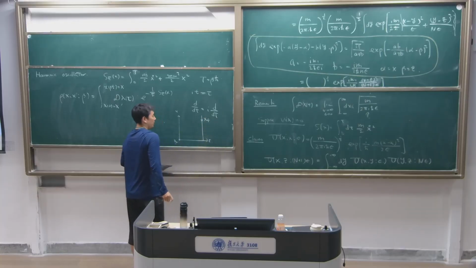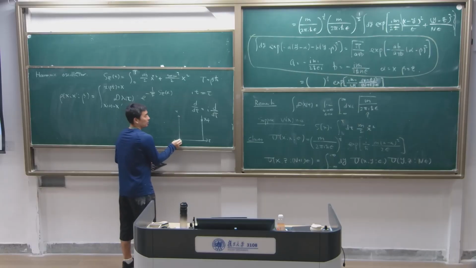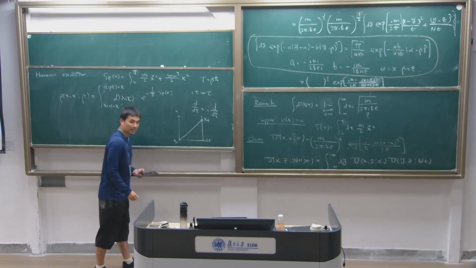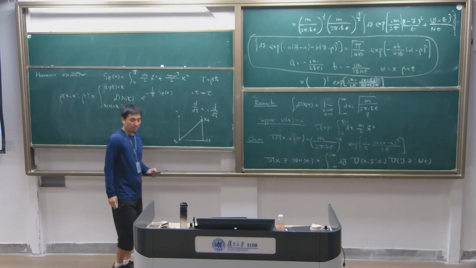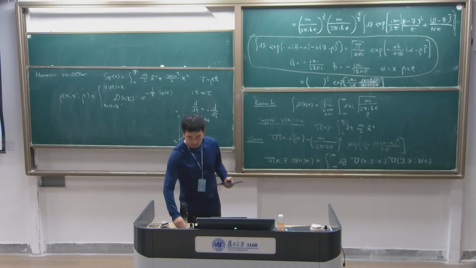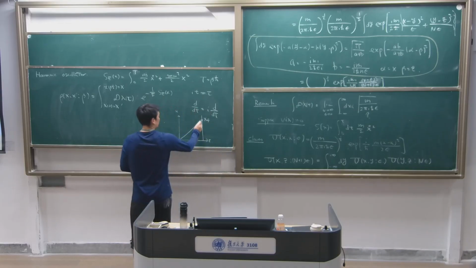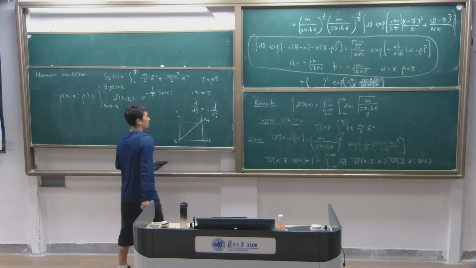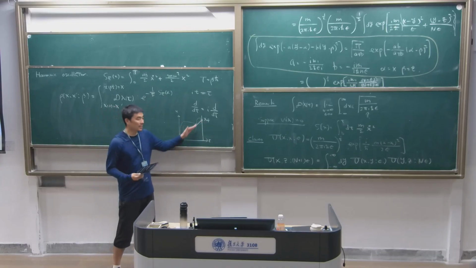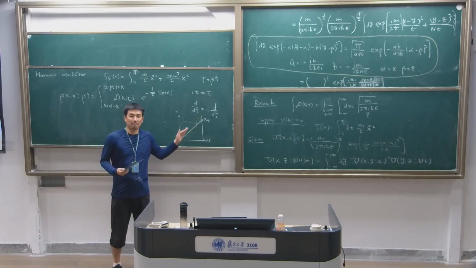The classical equation always gives you the shortest path. But quantum mechanically, you can take whatever path. So the classical one is the shortest path.